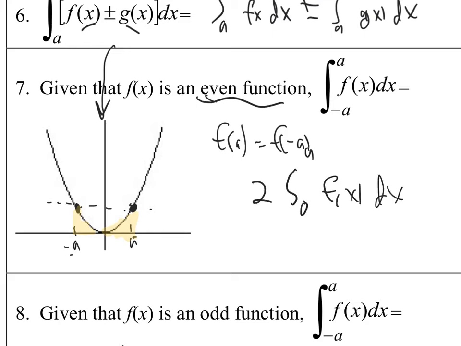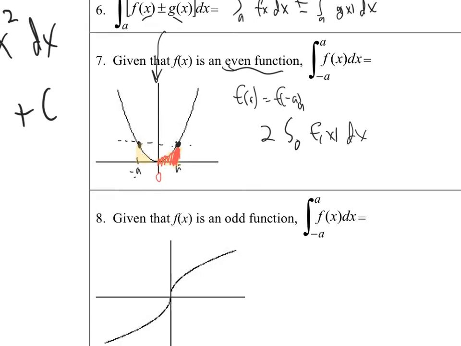Multiply it by 2. It's the same thing. Start at 0, just take that piece and times it by 2. We use that all the time. It's really handy.